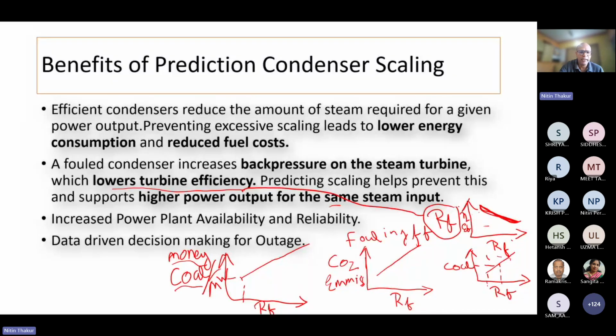So what I understood was that, on a very high level, they didn't have this data to begin with. They knew that condensers are getting scaled and back pressure is building up, and that it reduces the efficiency of making electricity and increases the cost of making that electricity.